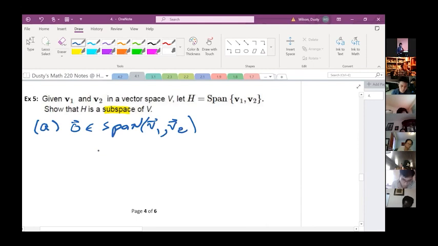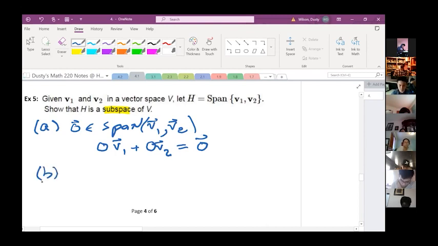Remember what span is: it's the set of all linear combinations. So you can't list V1 twice, but we could do 0 V1 plus 0 V2. This is certainly in the span of V1 and V2. And I think it's safe to say that that's the 0 vector. So thank you for that, Evan.